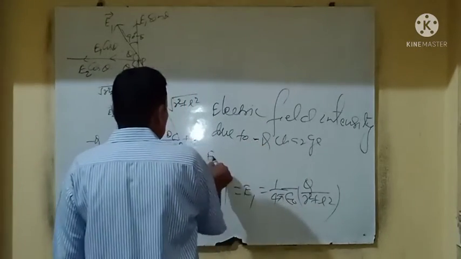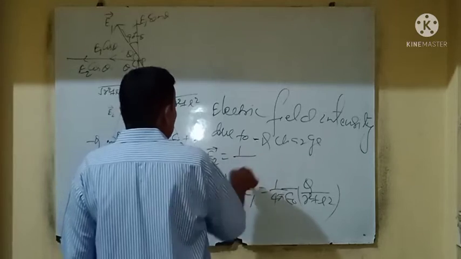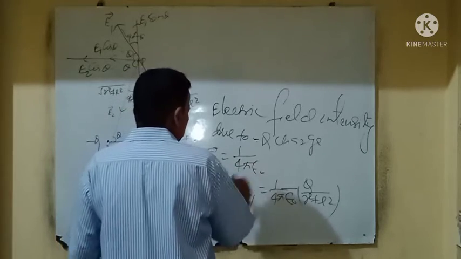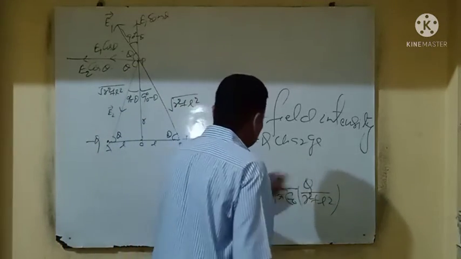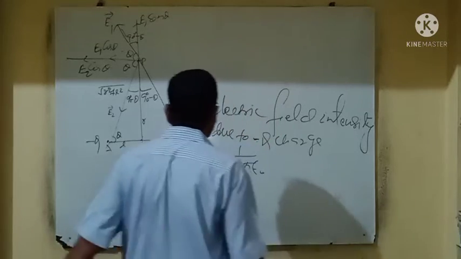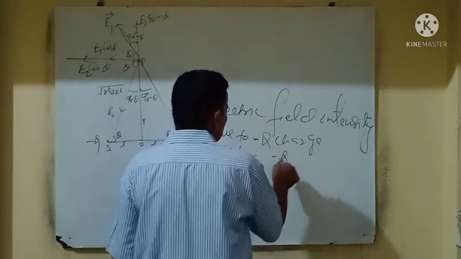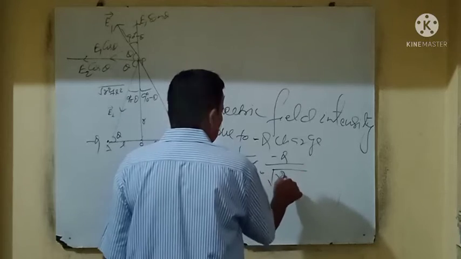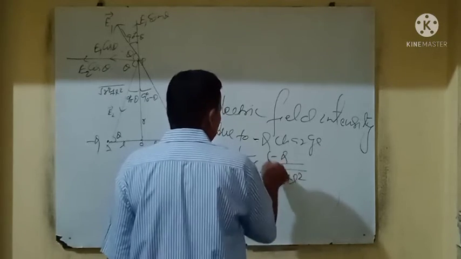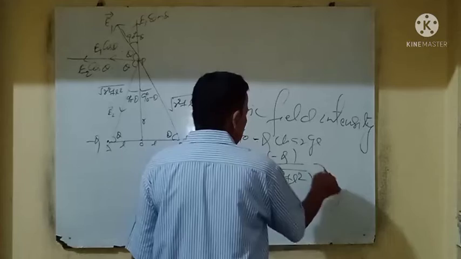That is E2 is equal to 1 by 4 pi epsilon naught, minus q divided by (r square plus l square) the whole square root, and r.